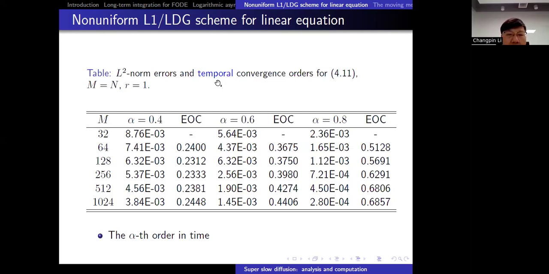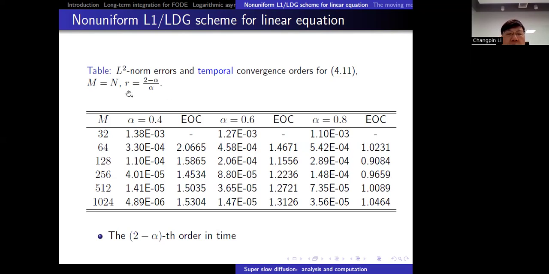But the convergence order is less than alpha: for this case less than 0.4, for this case 0.6, and for this 0.8. If we choose r like this, we can get a 2 minus alpha order in time, almost 1.6, 1.4 and 1.2.